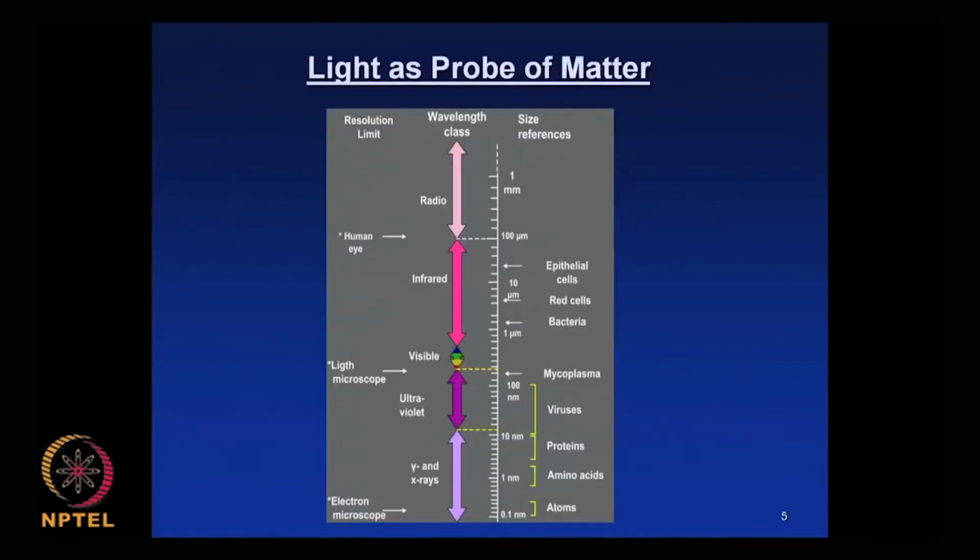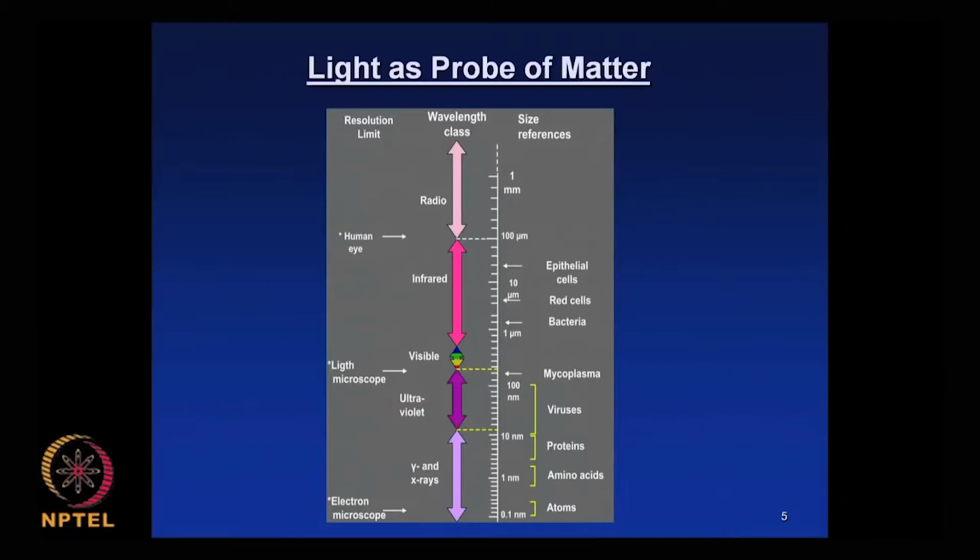Let us look at this slide. When we choose light as a probe of matter, what are all the things we have to keep in mind? Here the complete electromagnetic radiation spectrum is given.